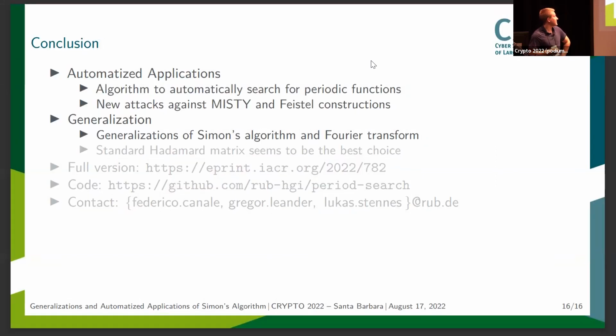And for the generalization part, we studied generalizations of Simon's algorithm and also the Fourier transform thereby. There we concluded that the standard Hadamard matrix is the best choice if you want to study properties that are relevant for symmetric cryptanalysis.